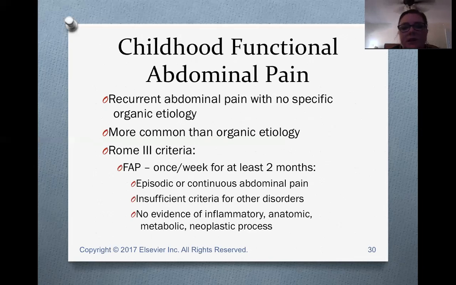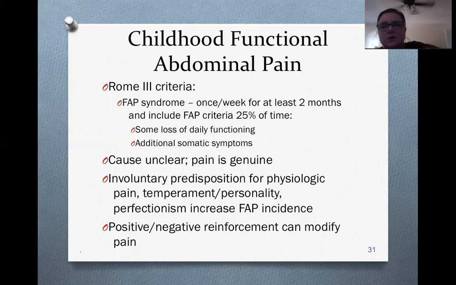So children that have this pain at least once a week or more for 2 months. So this is a recurrent complaint of abdominal pain, and it may be continuous or episodic. Really, everything else is negative. There's no evidence of any other inflammatory process or any other cause for their abdominal pain.